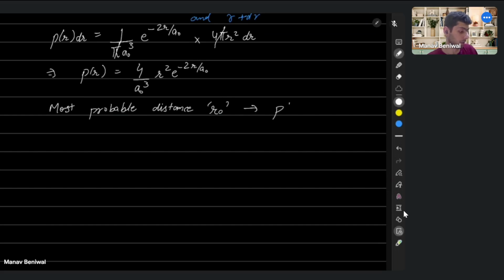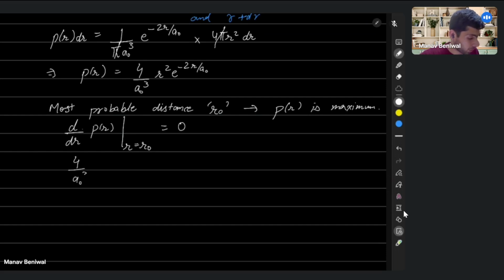So at this point our P(r) is maximum. Okay, so if P(r) is maximum, then we know that d by dr of P(r) at r equals r naught will be 0.